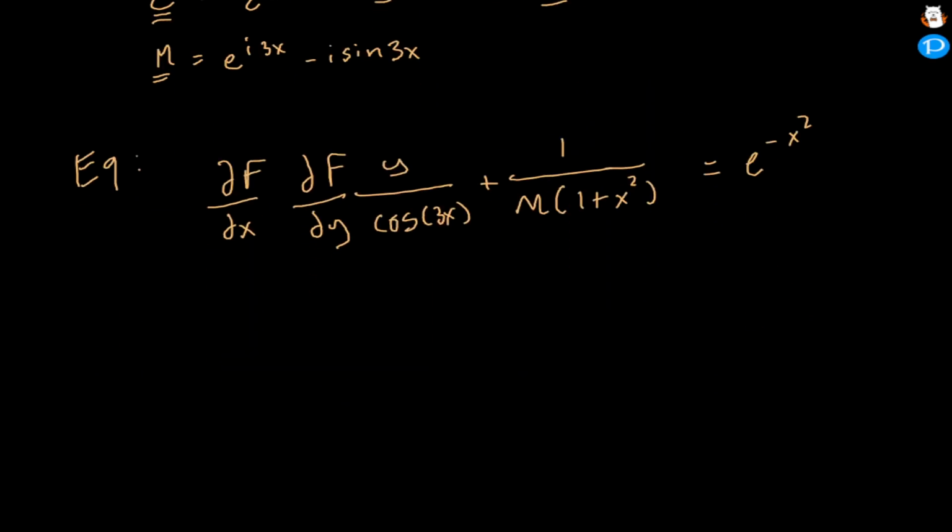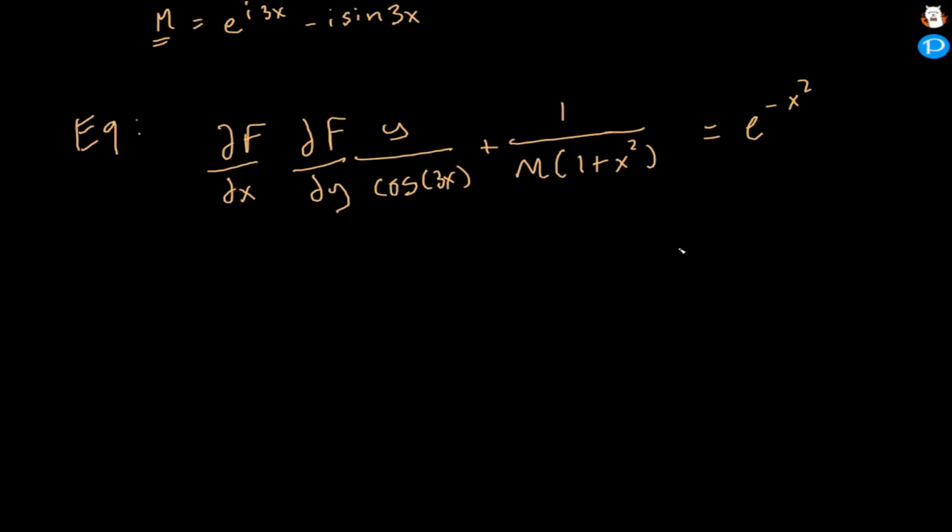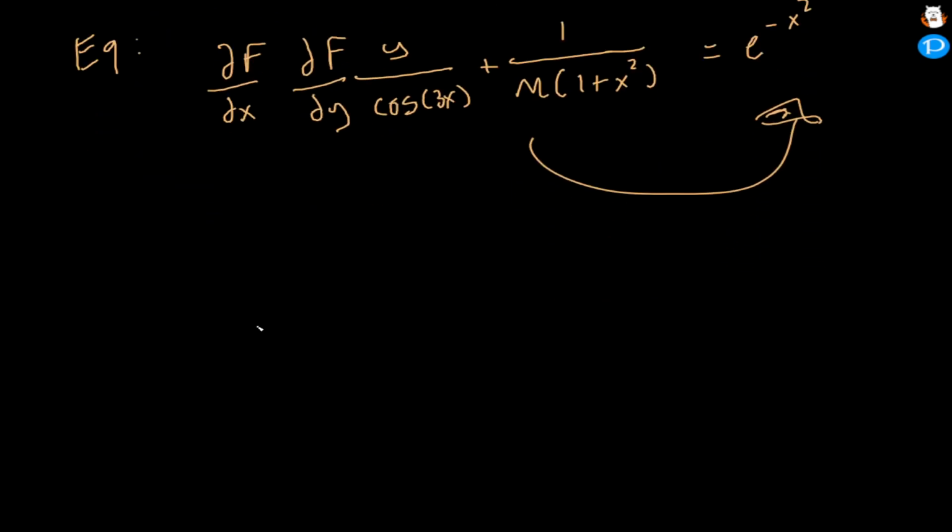Great, so let's just hop right into this equation. First, we're going to subtract this side and put it onto this side. This term here that has this m, we're just going to slide over to the other side, so we just have this partial f.